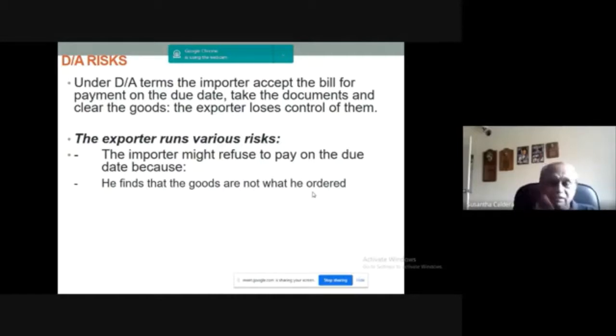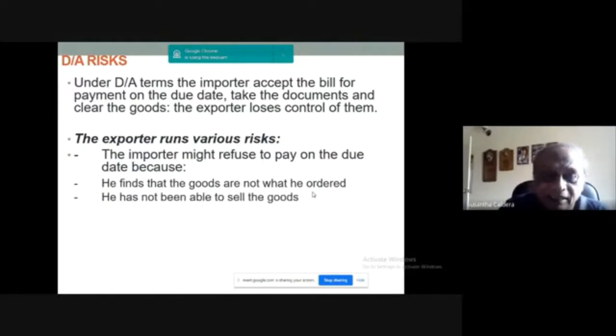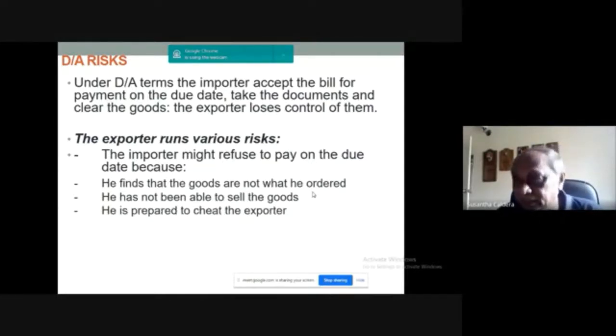Or he will say he has not been able to sell the goods, even though he has cleared them and put them on the market. He is prepared to cheat the exporter. Some people are like that. He has accepted the draft, cleared and sold the goods, but doesn't pay because he wants to cheat the exporter.